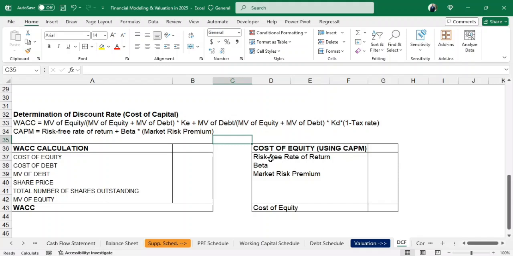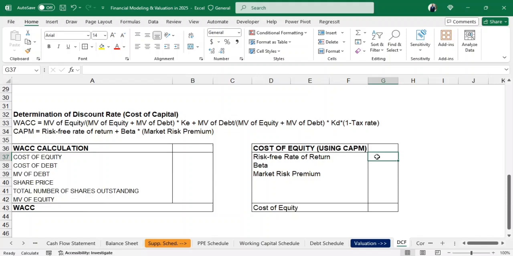And so when it comes to determining the risk-free rate of return, you can get that from the US, since Amazon is a US domiciled company, although it also has other branches or operations all over the world. It is chiefly domiciled in the US, and so we can use the US Treasury bill to be able to do that.